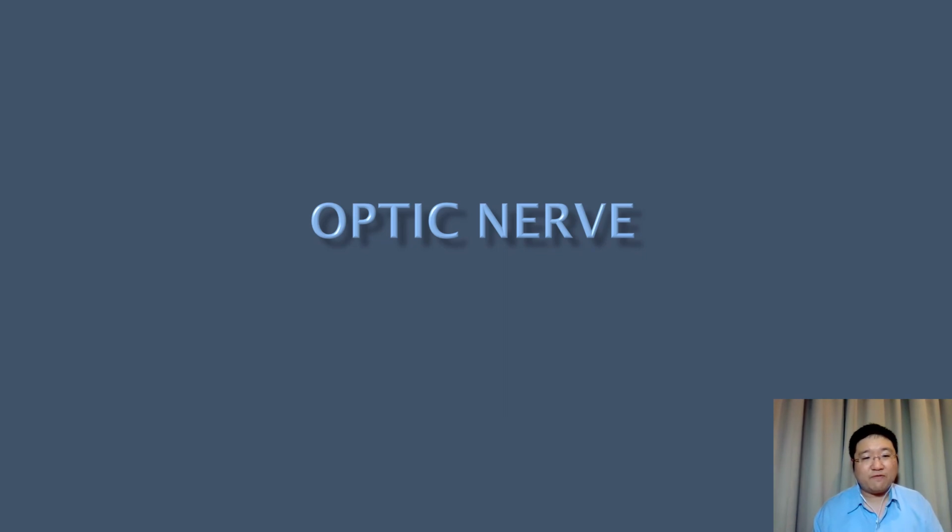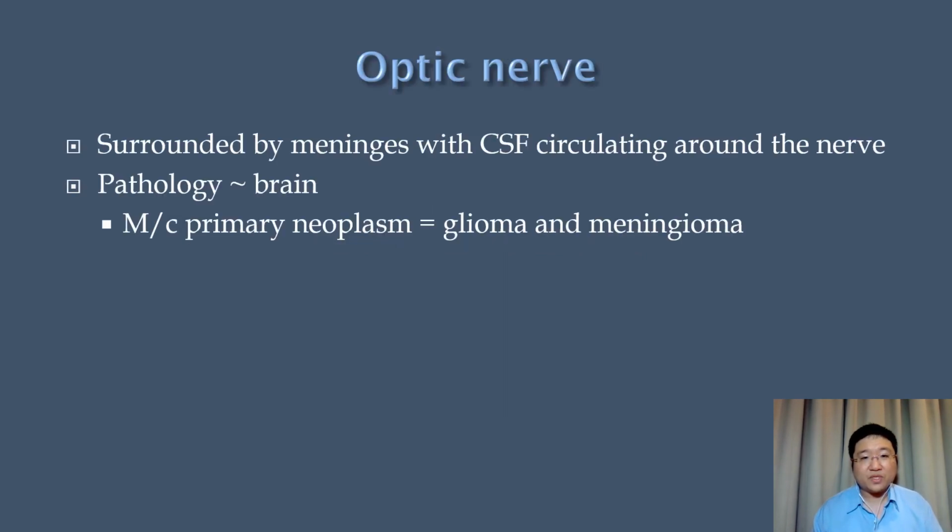Then optic nerve conditions. The optic nerve is surrounded by meninges with CSF circulating around the nerve. So when there is increased intracranial pressure, when there is increased pressure of the CSF, the optic nerve will be compressed.